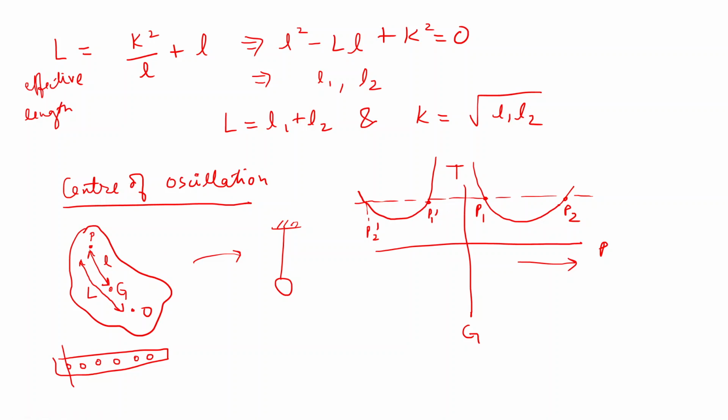I mean, there are 2 points on one side of this O, and another on the other side, where the time period for all these distances comes out to be the same. And this is what was done in the experiment as well.